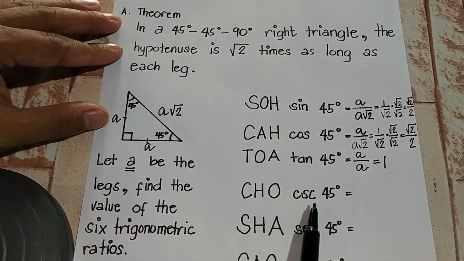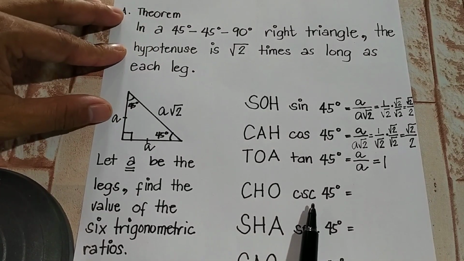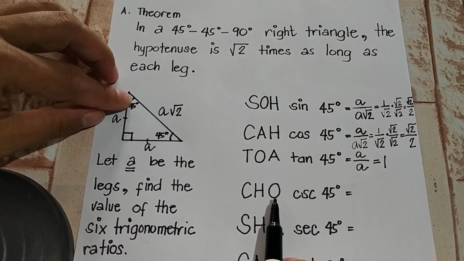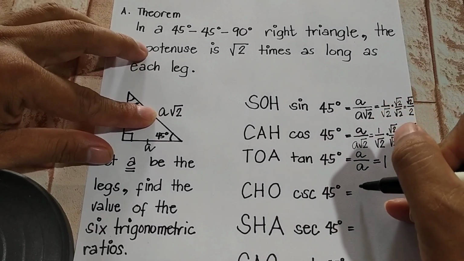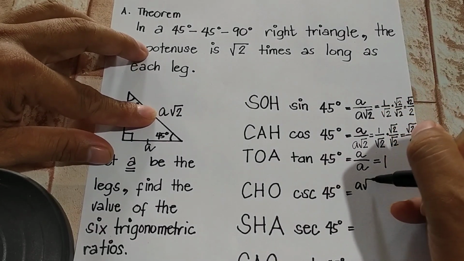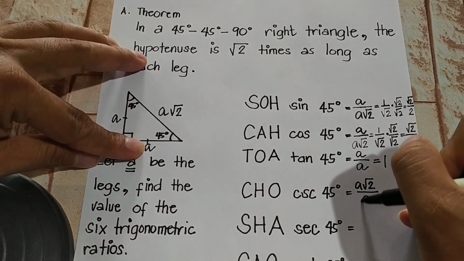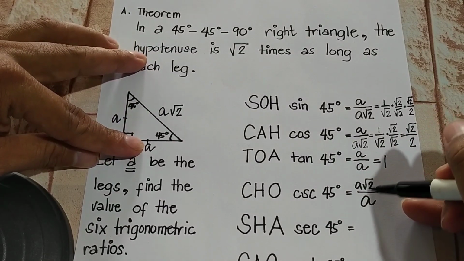Next, how about the cosecant 45? For cosecant 45, we have hypotenuse over opposite. The hypotenuse is A square root of 2, over the opposite, that's A. So what is A square root of 2 divided by A?